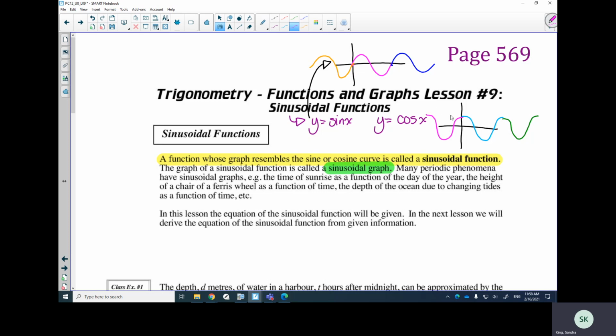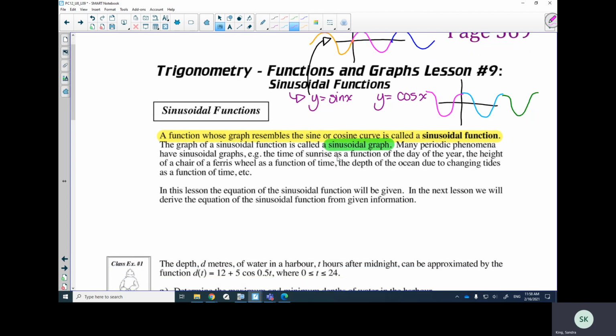These two are the identical graph; one is a phase shift of the other. Or I could take this and go pi over 2 radians to the right, and it becomes a sine graph.